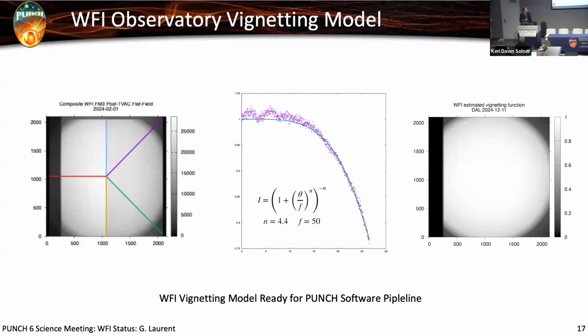We've modeled that vignetting function so that pixel by pixel, we have our baseline vignetting function that we implement for our processing. That will be refined as we observe stars as they drift over our field of view over a period of several weeks. But at least we have a strong baseline to start from.